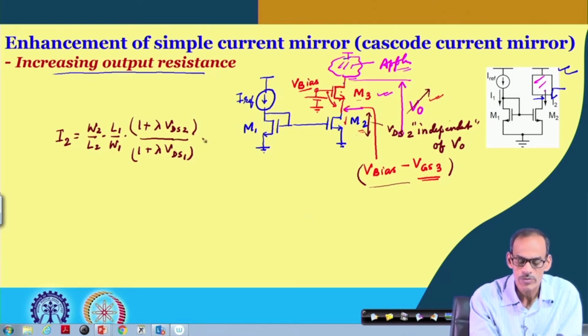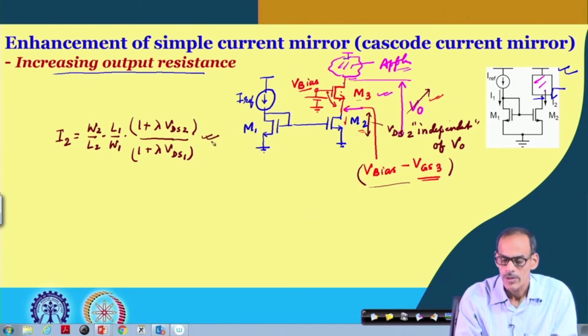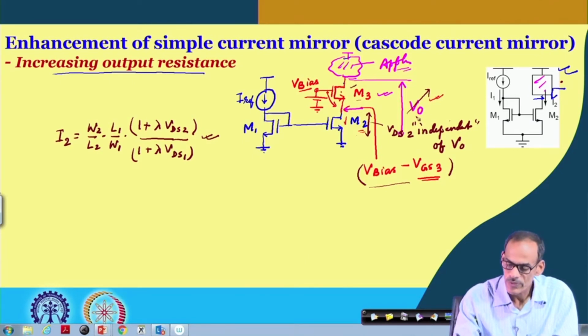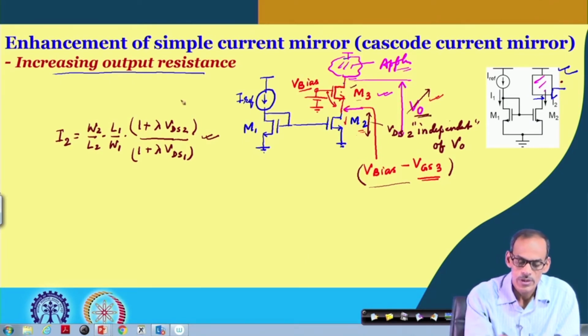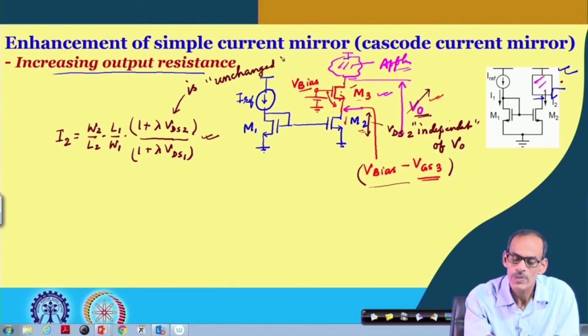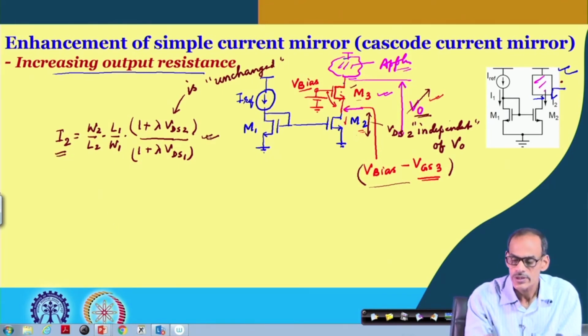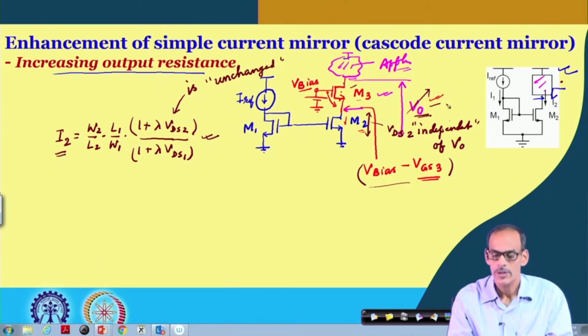Now, this expression of course remains the same, but by adding this transistor, compared to the simple current mirror, even if you vary this output voltage, the VDS2 is quote and unquote unchanged. Or you can say that this current hardly depends on this voltage here.